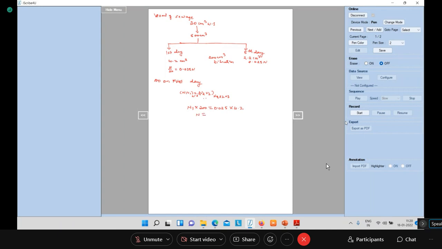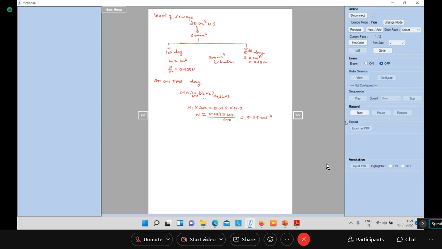N1 is equal to 0.025 into 4.2 divided by 200. It comes out to be 5.25 into 10 to the power of minus 4. N1 is this much. This N1 is nothing but the normality of oxygen.